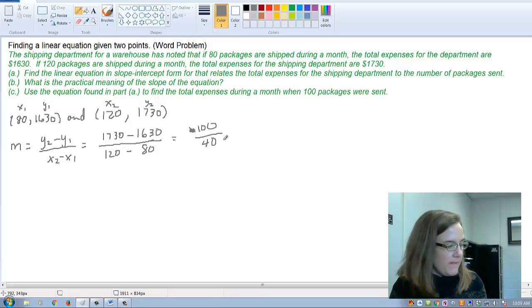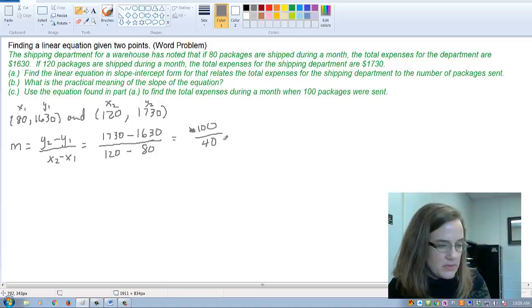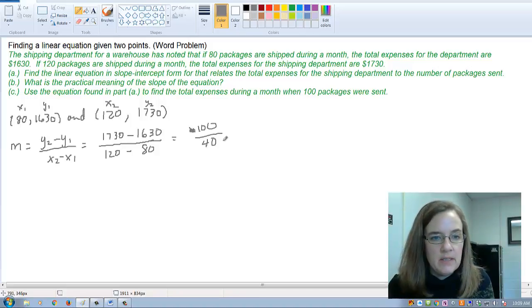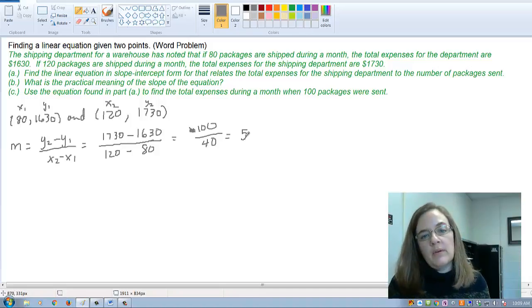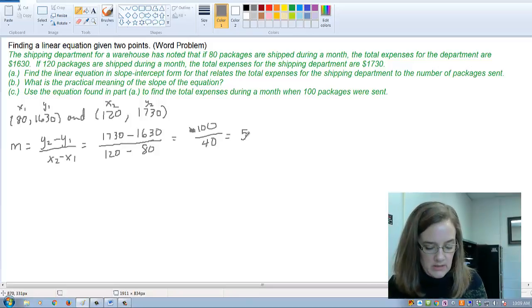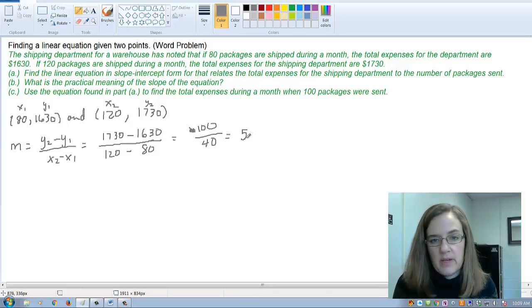That's going to be 40. So 100 over 40 is 5. No, that's not right. That would be 10/4, and 2 goes into that, that would be 2.5. So 5/2. There we go. So we've got 5 over 2.